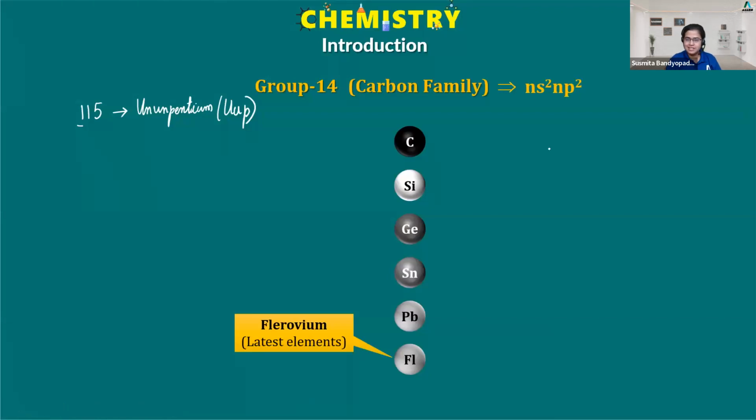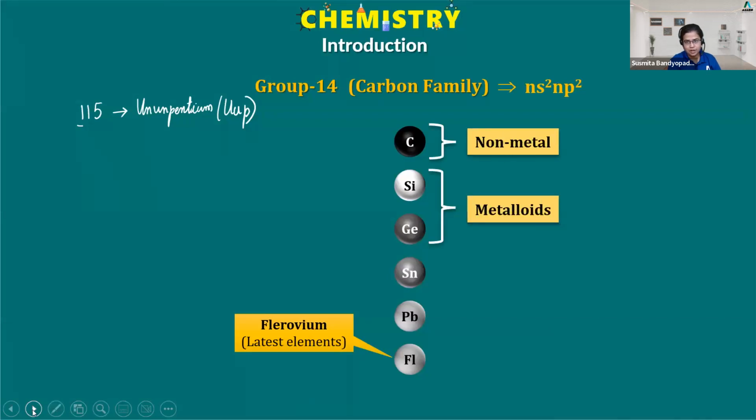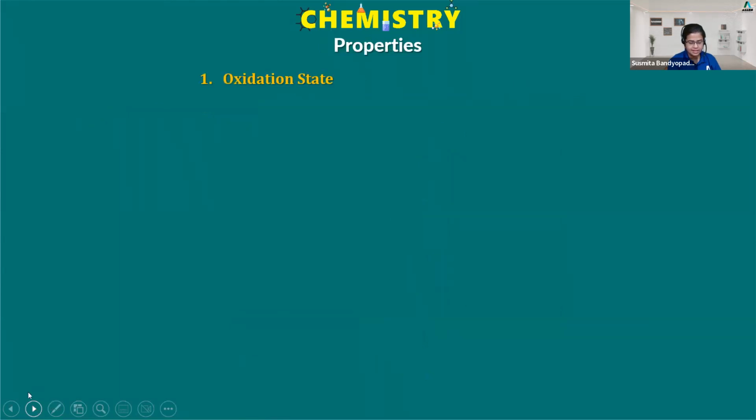Needless to say, the general electronic configuration is ns2np2. Carbon is a non-metal, silicon and germanium are metalloids, tin and lead, and then flerovium, I'm a little scared to pronounce it, are metals. So do we see inert pair effect here?